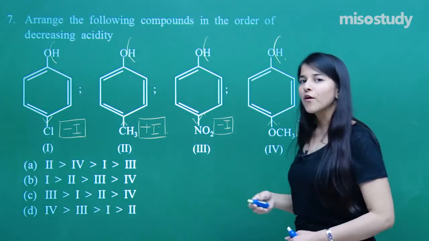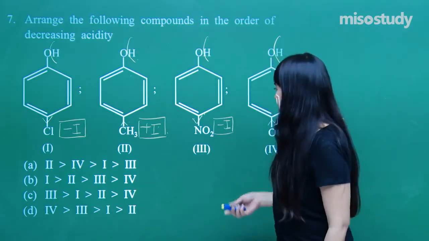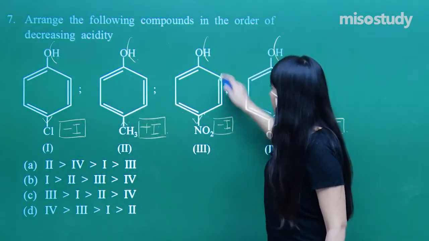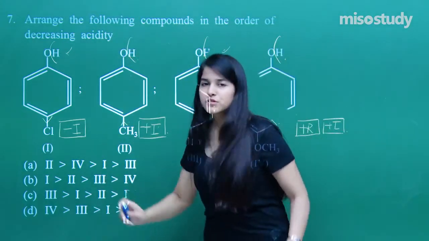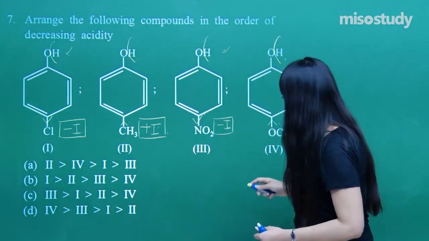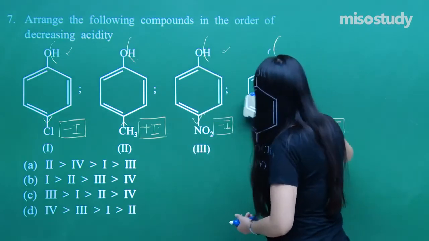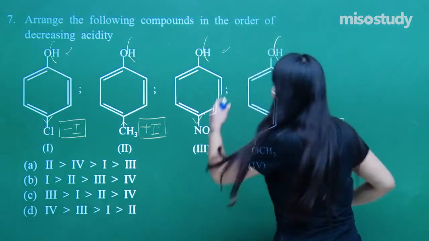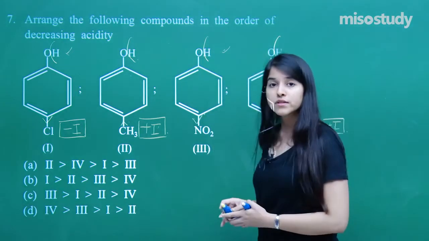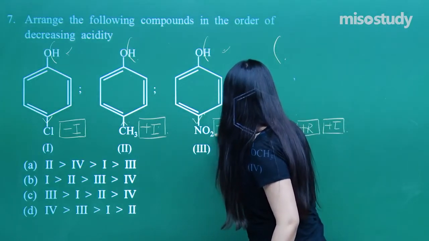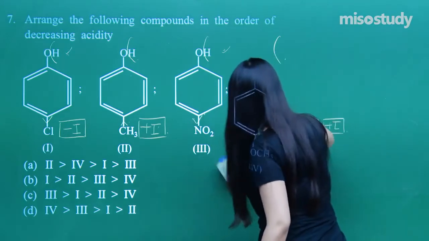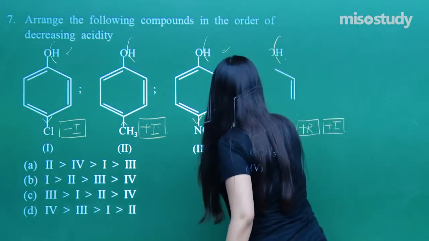So I hope you all have got the answer by now. I've got 2 minus I. These two structures will be acidic out of the 4. Now I need to choose one. Whenever the NO2 is attached onto the benzene ring, it shows most prominently the minus R effect, since this is withdrawing.